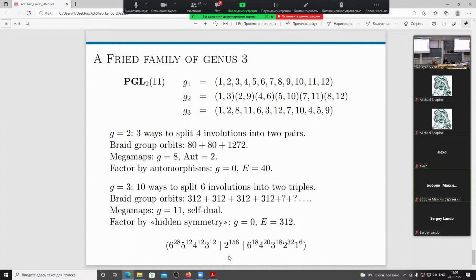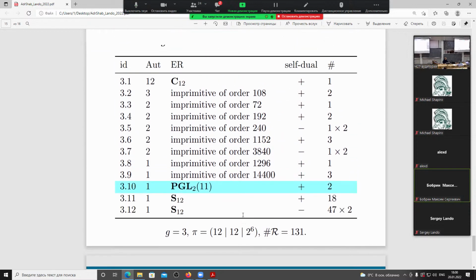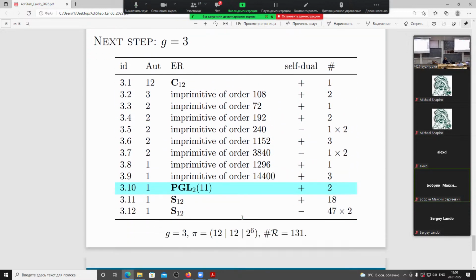So that's all what I'd like to say today. So let's go back here. Here our next aim is genus 3, and probably this line looks most interesting. Okay, thanks. More questions?